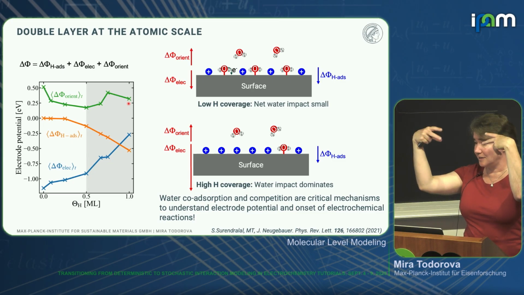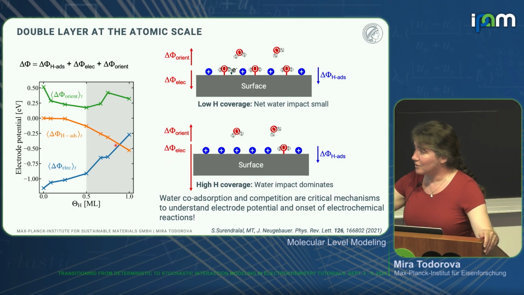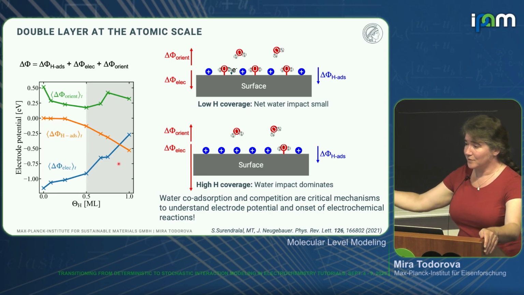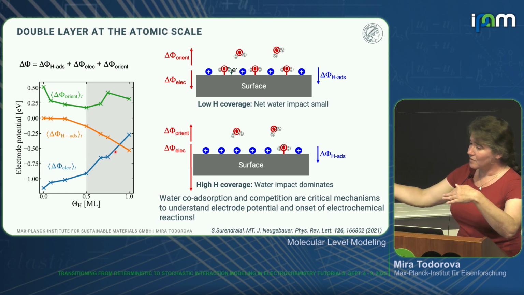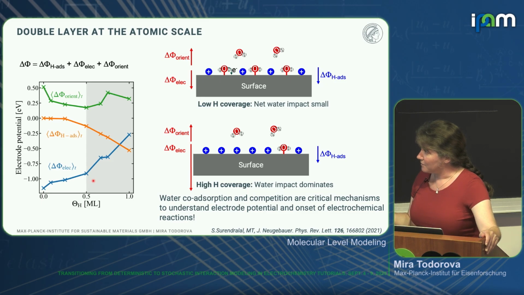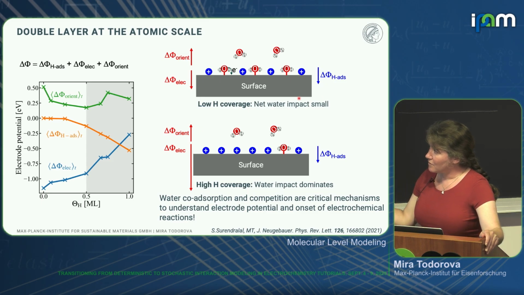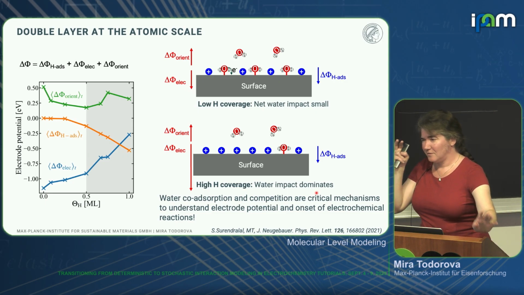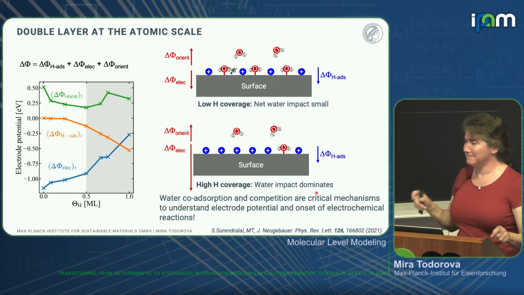So just by reorienting water molecules, we can no longer counteract this contribution. And this is why after approximately half a monolayer, we don't have just the behavior at the surface, which is shifted, but these contributions from water start to be visible. And this is why we have a change in the structure. So at low hydrogen coverage, the net water impact is small. And when we go to high coverages, the water impact becomes dominant. Was this somewhat clear? Hopefully.